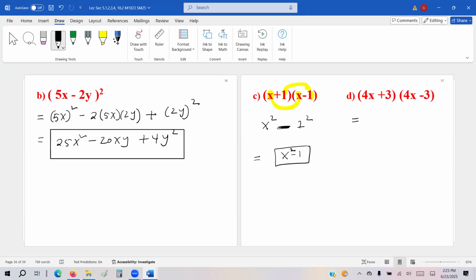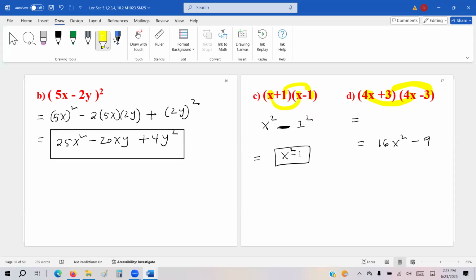4x plus 3, 4x minus 3. Mariam. Wonderful. 16x squared minus 9. See, in one line. You may wonder how? Well, the same rule. You have 4x and 4x, the exact same thing. And you have 3 and 3, exact same thing. The only difference they have is one of them is plus, one of them is minus.